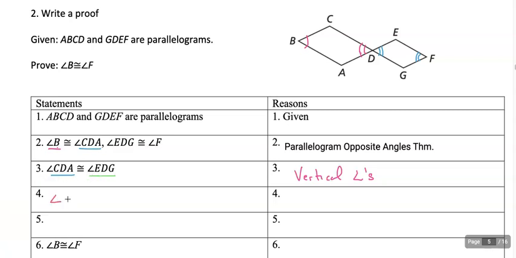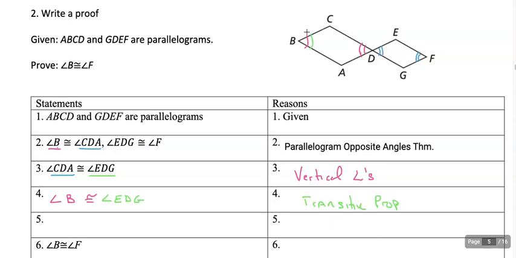So I can say angle B is congruent to angle EDG, and this is just the transitive property. Now I've got all three of these, 1, 2, and 3, congruent.